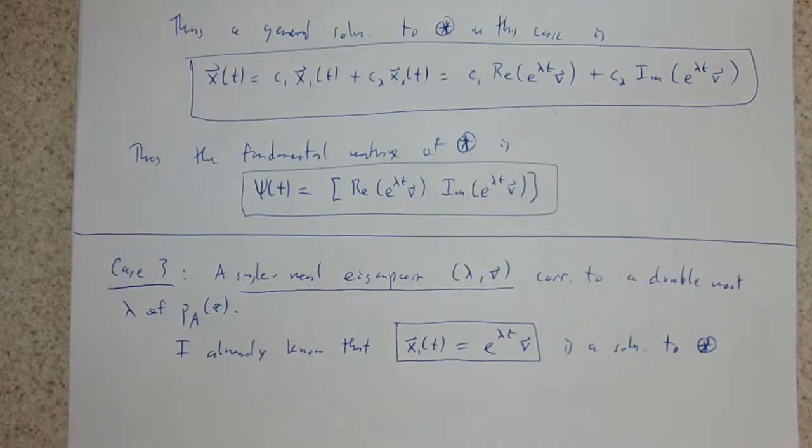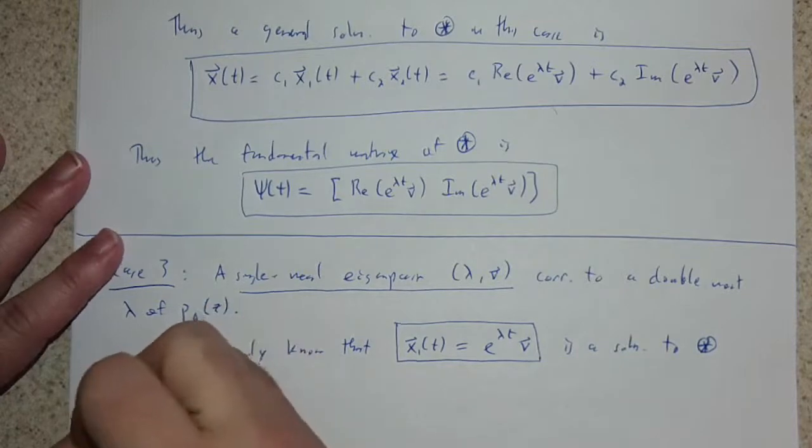Okay. But I only have a single eigenpair, right? In the case of two distinct real eigenpairs, I had that second eigenpair to give me my second one. From the complex case, from a single eigenpair, I got both of them, right? So I didn't need anything else. But here, this is an issue. I only have one real eigenpair, and from that, it seems like I only get a single eigensolution, and that's it. Okay. So then, how do I get my second solution?